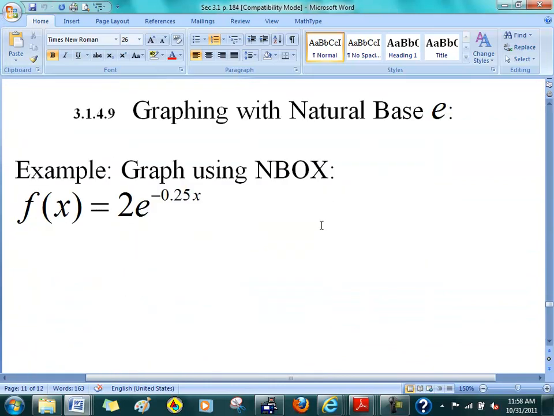Okay, how about graphing this function? Just use your n box. You guys know how to graph this using your n box.